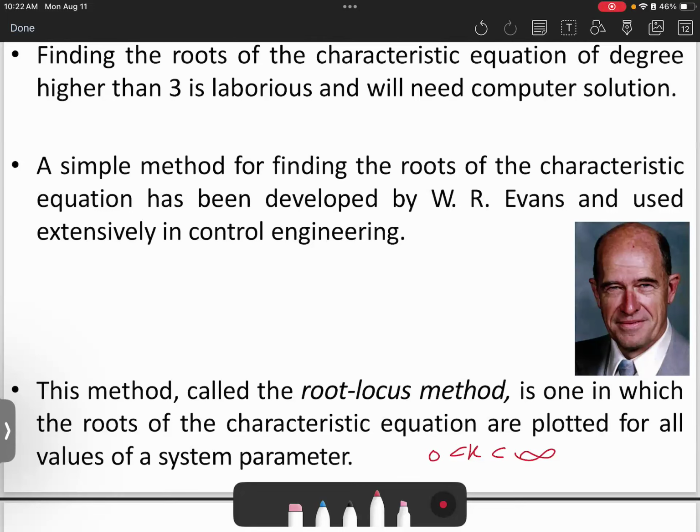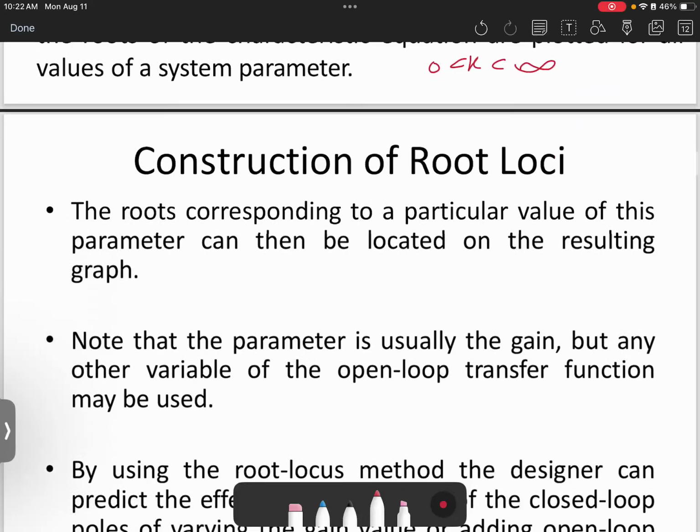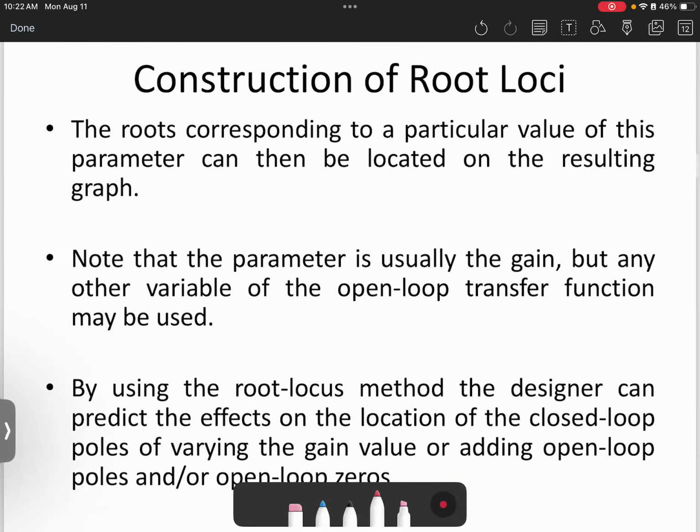If we have higher order systems, finding the roots is not easy, so we use Routh-Hurwitz to determine stability. The same thing applies in root locus. We use the root locus method for higher order systems instead of substituting values of k from 0 to infinity. The root corresponding to a particular value of the parameter can be located in the resulting graph.